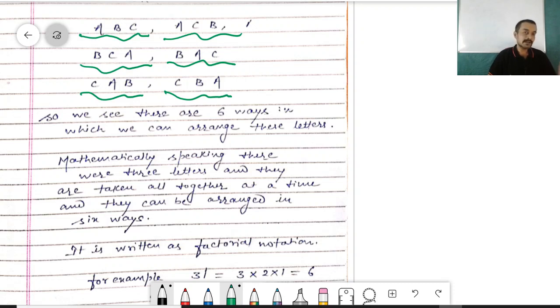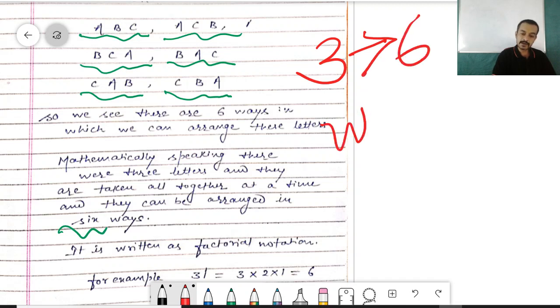So mathematically speaking, there were 3 letters, they were taken all together at a time, and they can be arranged in 6 ways. It should be crystal clear that 3 letters were taken and they were arranged in 6 ways.